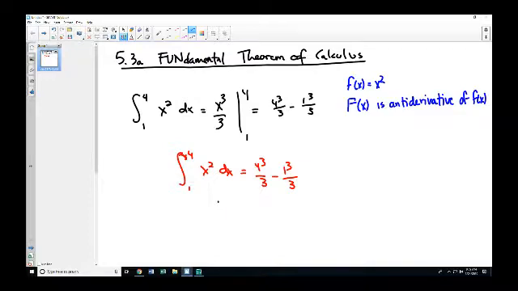We can call the antiderivative capital F of x, like you call a derivative f prime, correct? Mm-hmm. Well, we can call an antiderivative capital F of x.